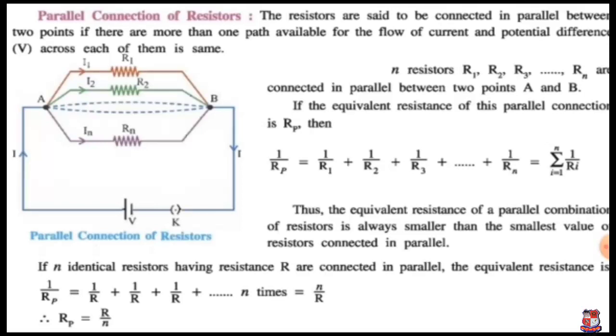Many students are left with the answer 1 upon Rp, and hence a deduction of 1 mark is carried out during the assessment. This is a very simple calculation, you can easily perform it with the help of your scientific calculator, and this one step is very important in parallel connection of resistances, where Rp is equal to R upon n.